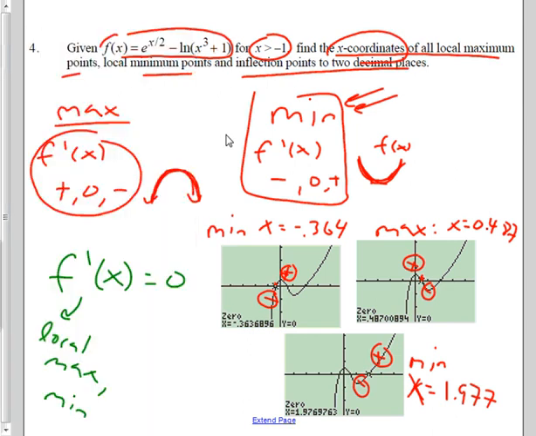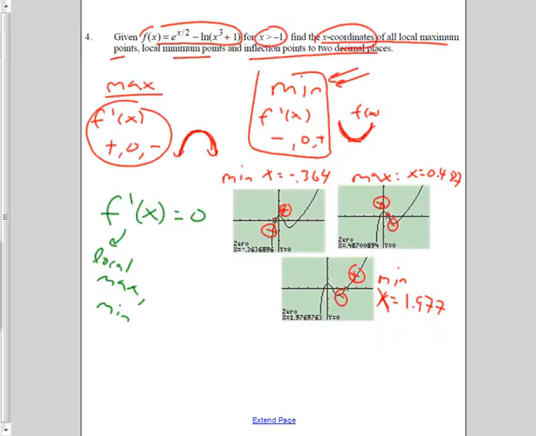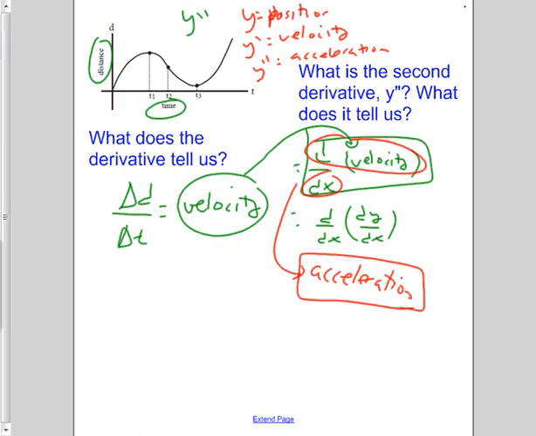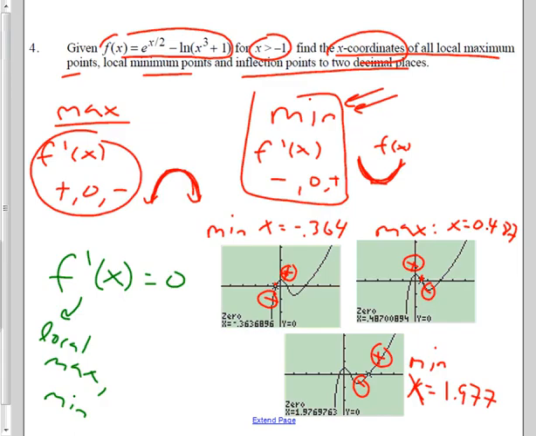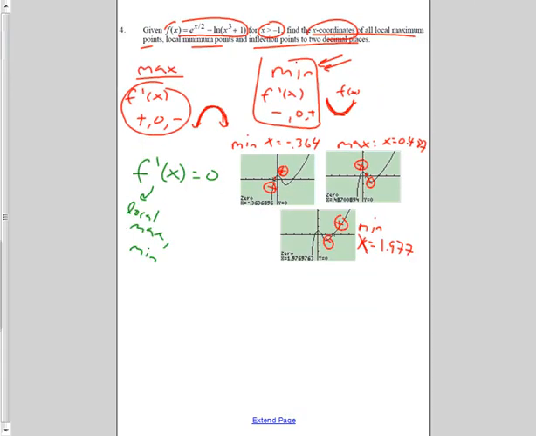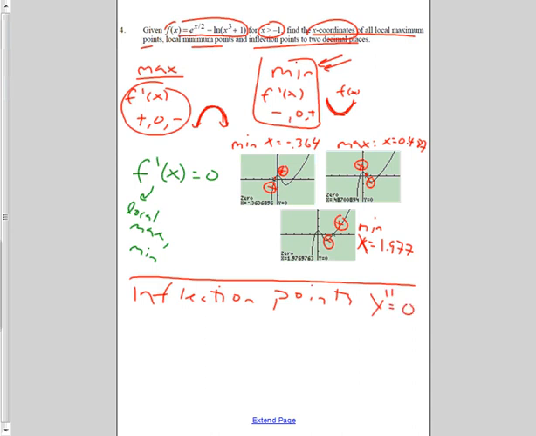Well, the inflection points, as we said earlier, are when the second derivative equals 0, but more than just equals 0, where it goes from positive to 0 to negative, or negative to 0 to positive, where it goes from concave up to concave down, as is the first case, or concave down to concave up.